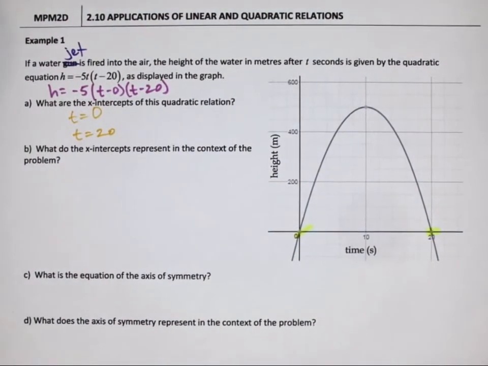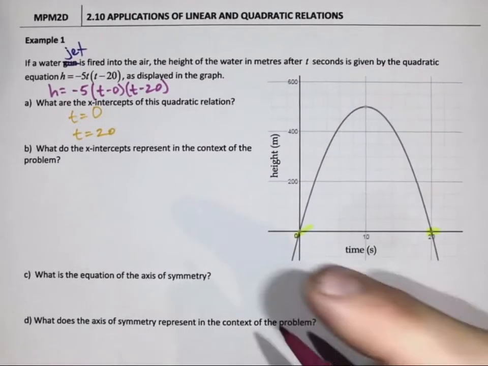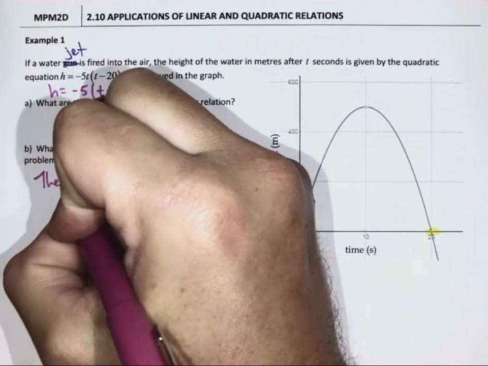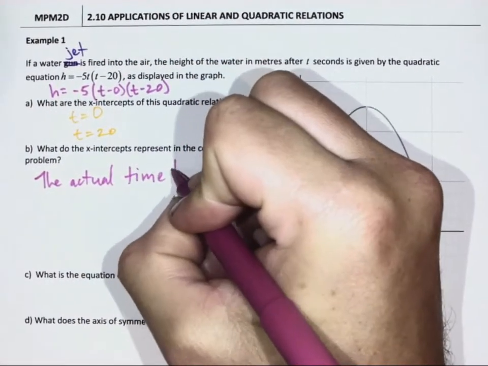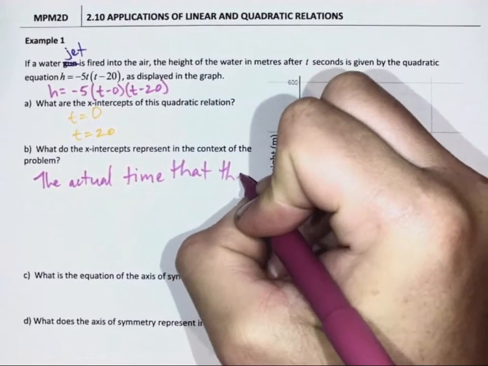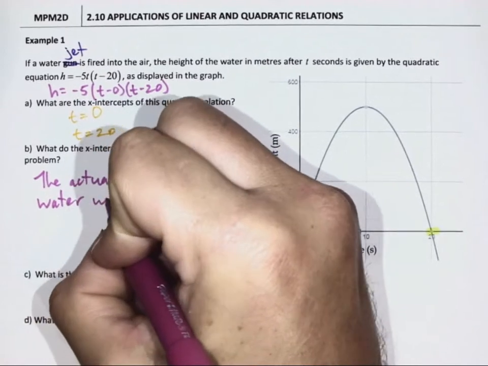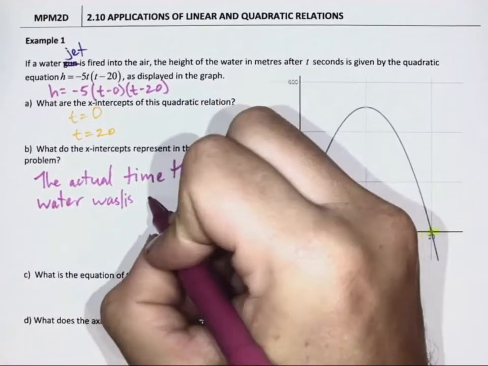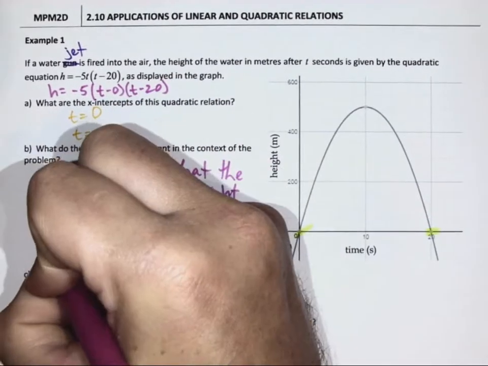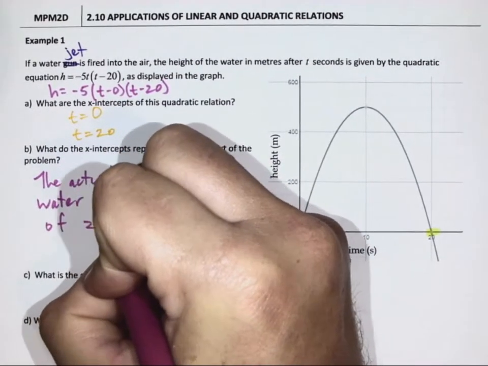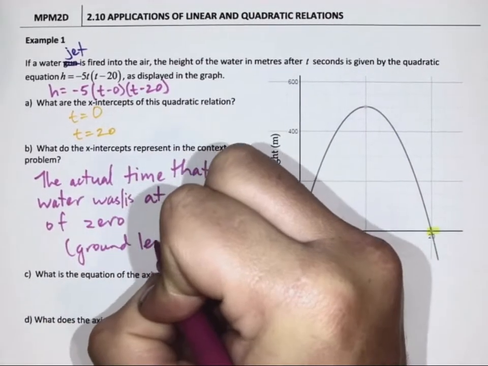And what do they actually mean in terms of this graph or this situation? Well, those are the actual times that the water is at a height of 0, at ground level.